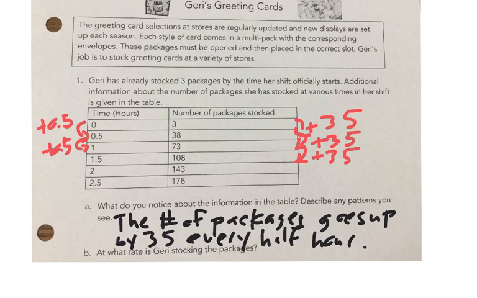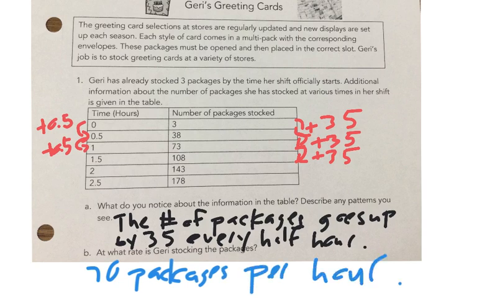Unit rate needs a denominator of 1. So if it's 35 packages every half hour, that's 70 packages per hour. Is everybody good with that? It doesn't explicitly tell us that, so I don't feel bad about not knowing that answer.